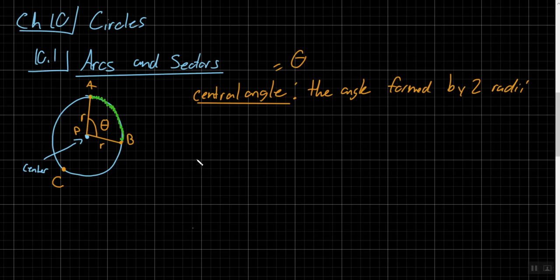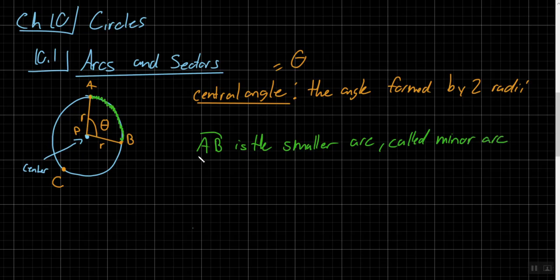So that's called the minor arc. We're skipping around, but that's okay. So AB is the smaller arc, and we call that the minor arc. A minor arc is just less than 180 degrees.